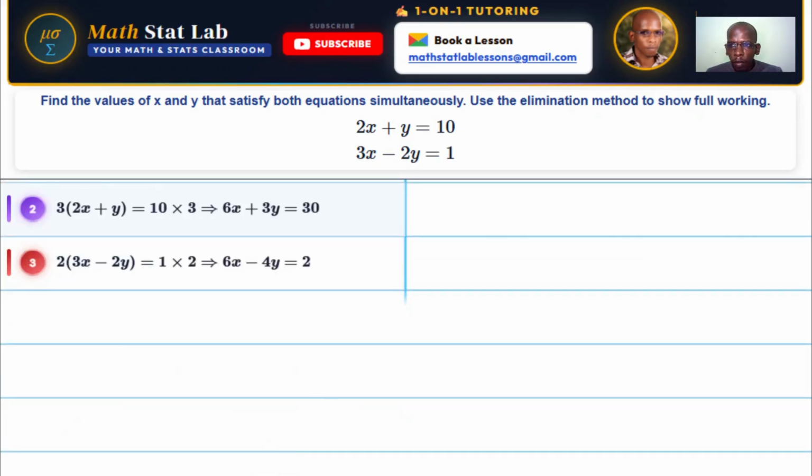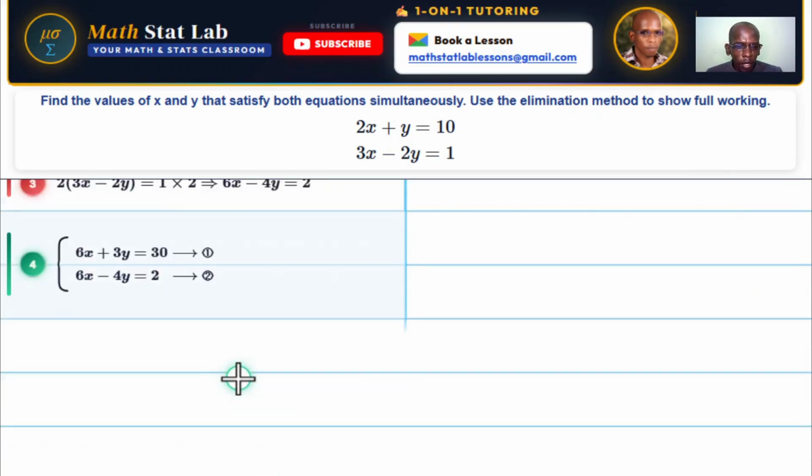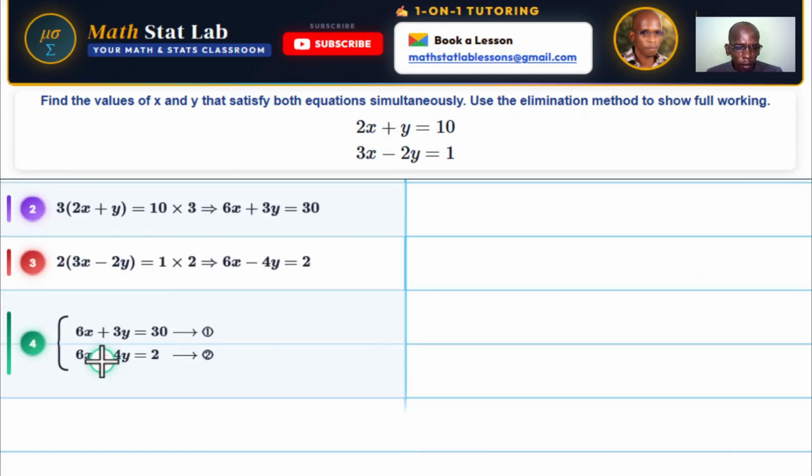So now we do have our new equations: 6x plus 3y is equals to 30, which is equation 1 after multiplying with the coefficient, and then 6x minus 4y is equals to 2 as the second equation after multiplying the coefficient 2.